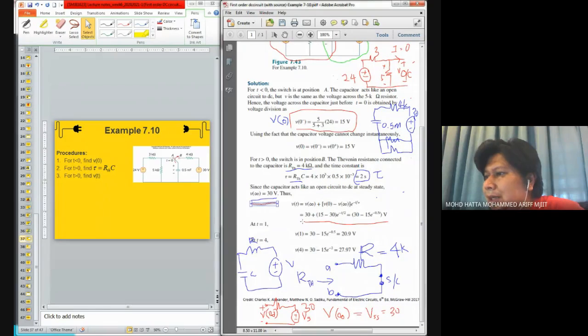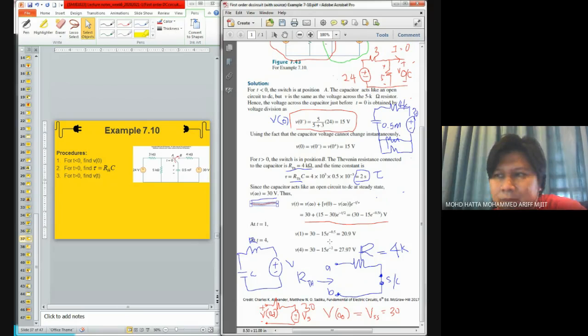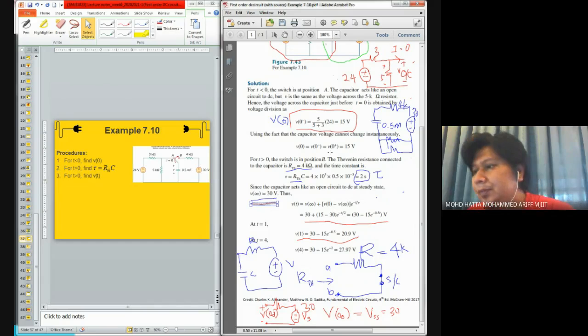Just replace t with 1, and also at t equals 4, just replace t with 4, and plug it into your calculator and you can get its value in terms of voltage magnitude.